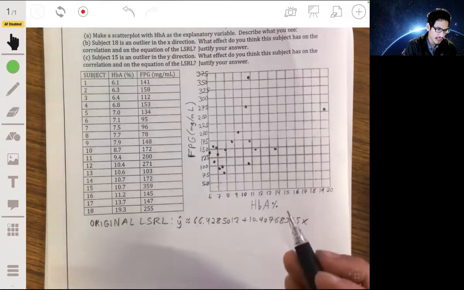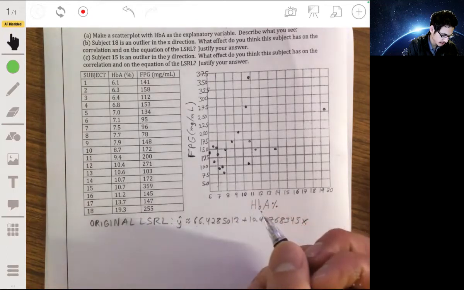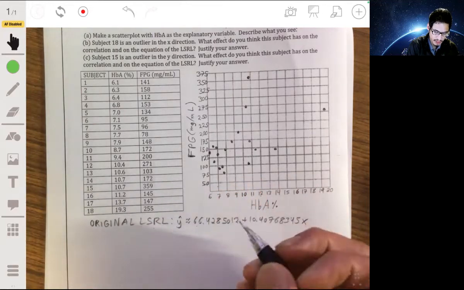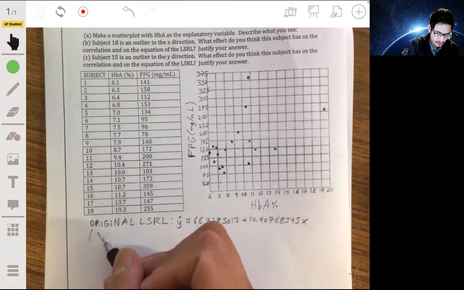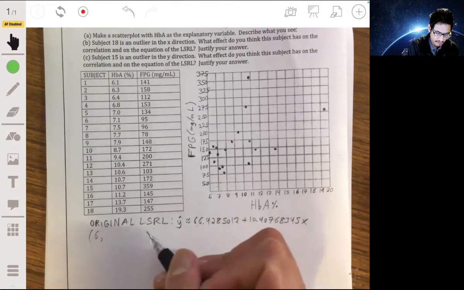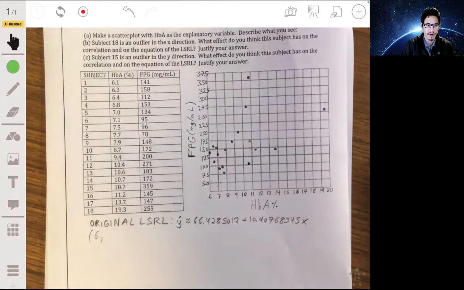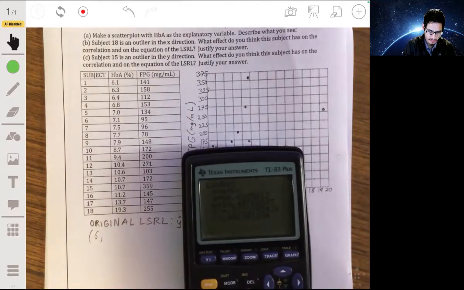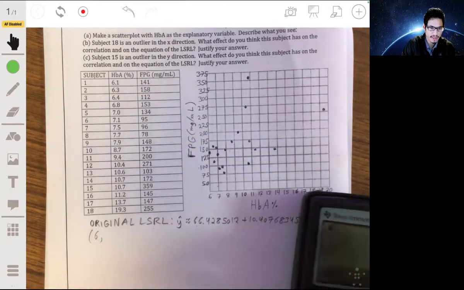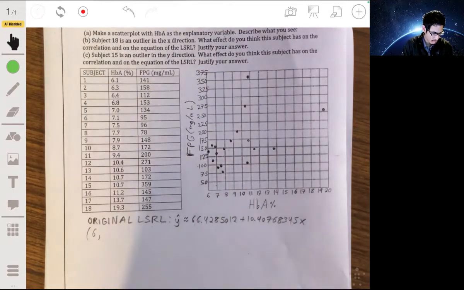And remember, when you're plotting lines, I just pick values it would go through. So like, I'll pick x is 6 and then x is 20. Figure out what the y values would be based on that equation. So, I plug in 6 into this equation for x and calculate y.